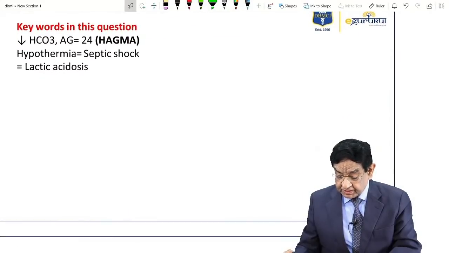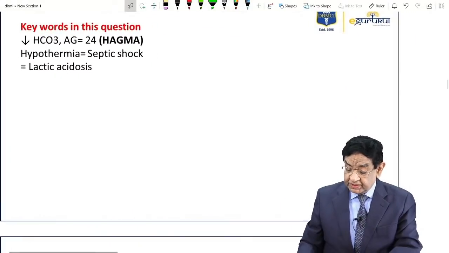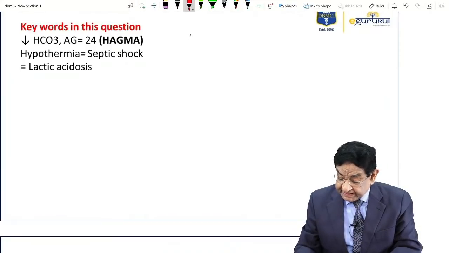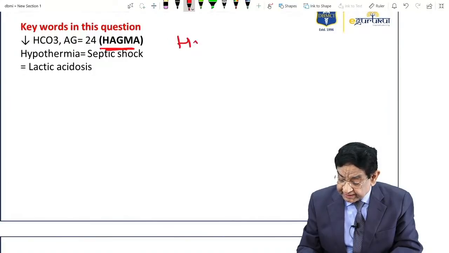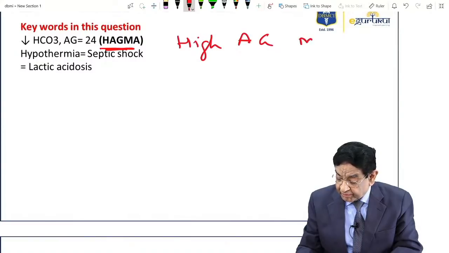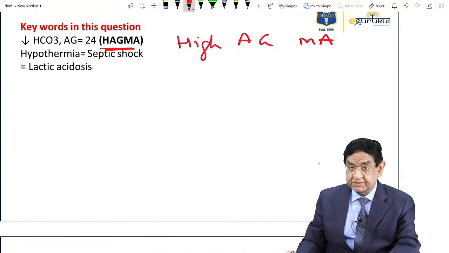When the anion gap is increased, we call it HAGMA. HAGMA stands for high anion gap metabolic acidosis.